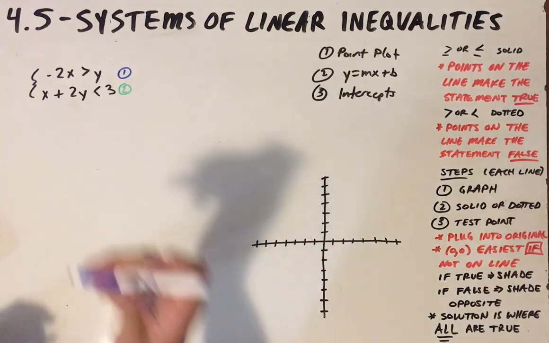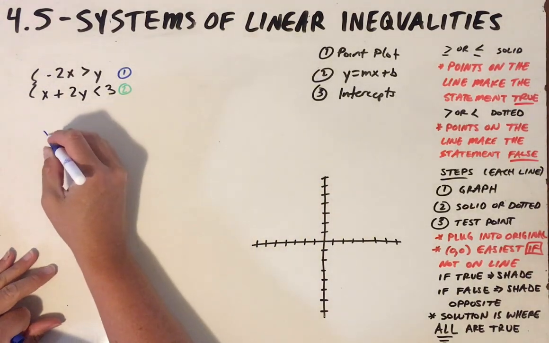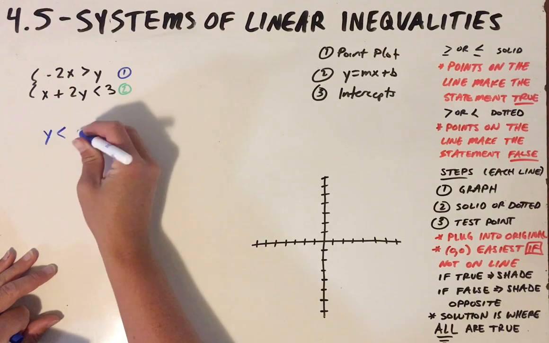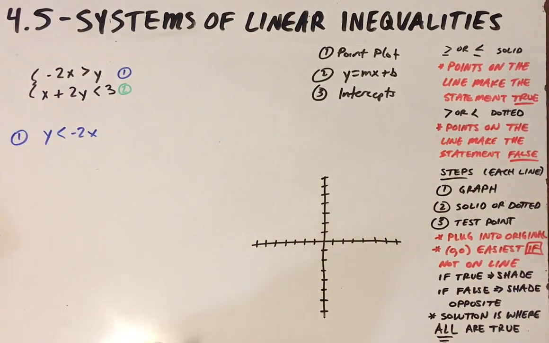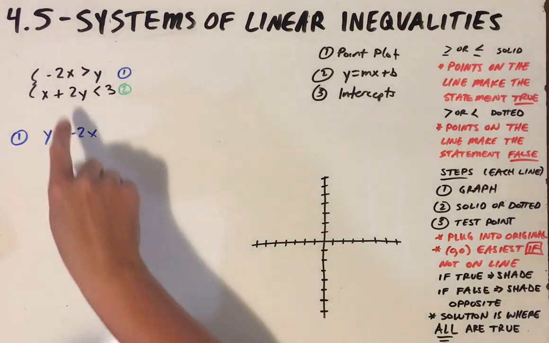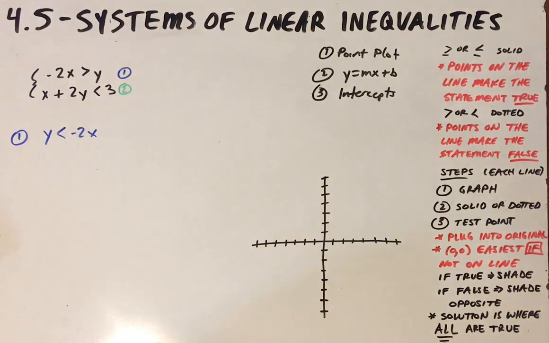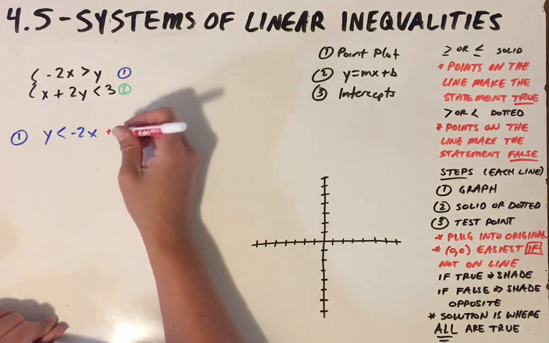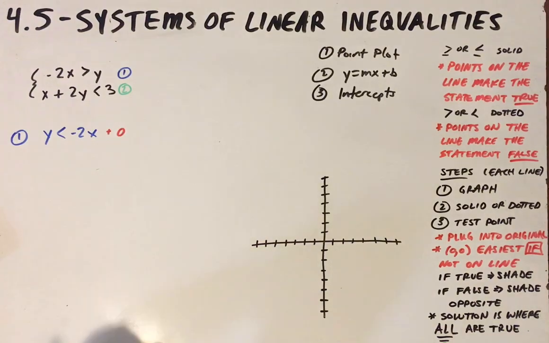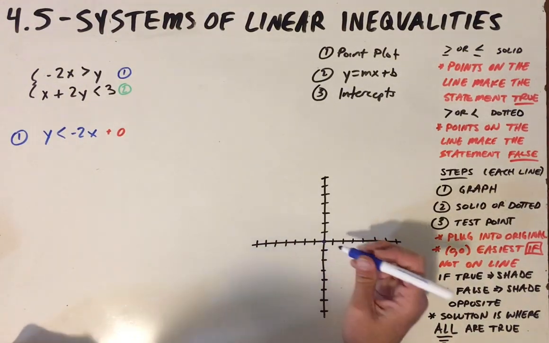If I flipped it around, y is less than negative 2x. So this is my line 1. I'm going to do this in blue. Again, if negative 2x is greater than y, then y is less than negative 2x. This has no b, so that means this line goes through the point 0, 0. That would be this point right here.